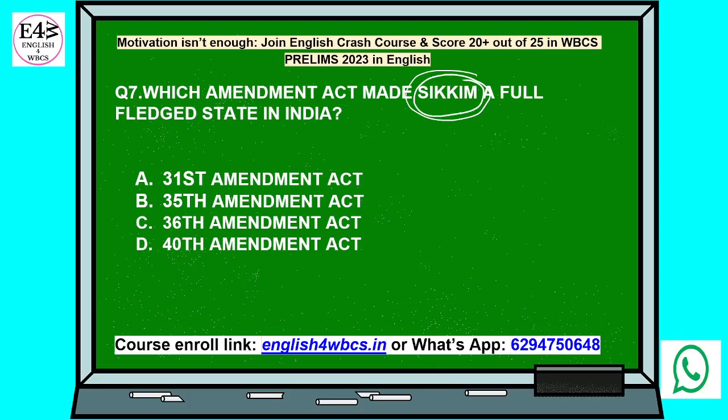There are two amendments related to Sikkim. So remember that. This will be the 36th Amendment Act, which took place in 1975. In 1975, Sikkim was made a full-fledged state in India.